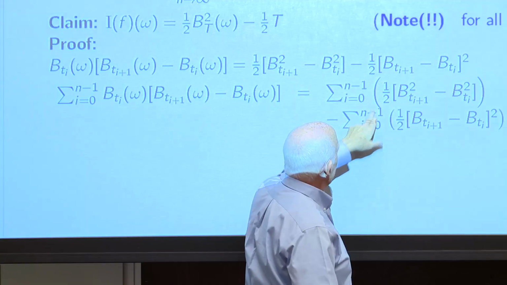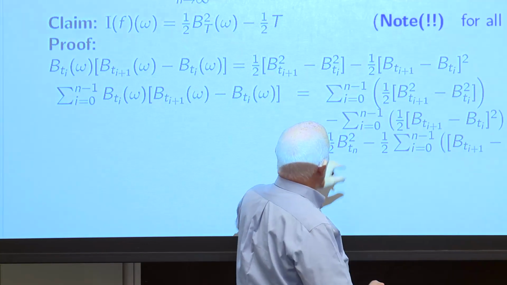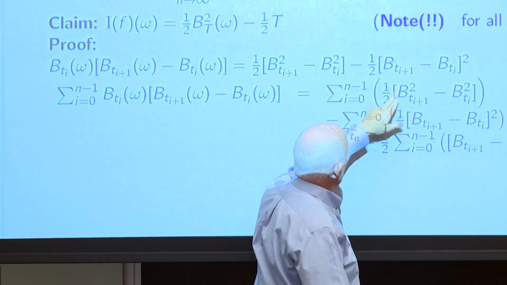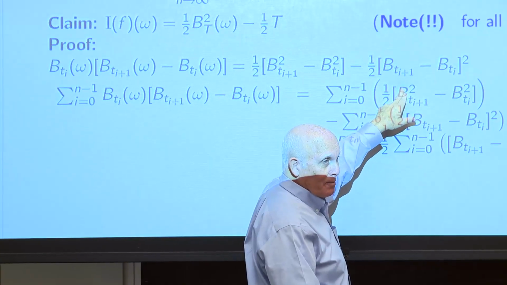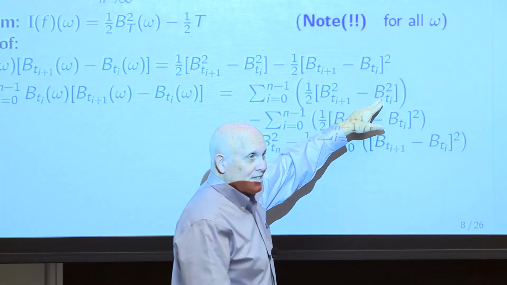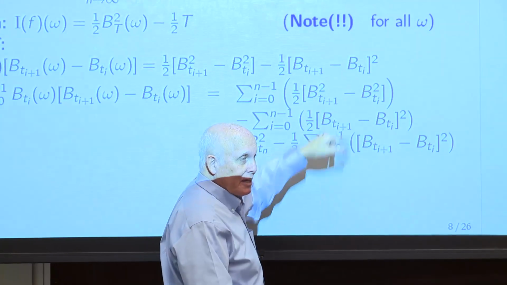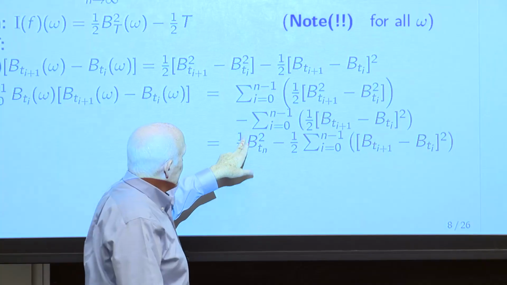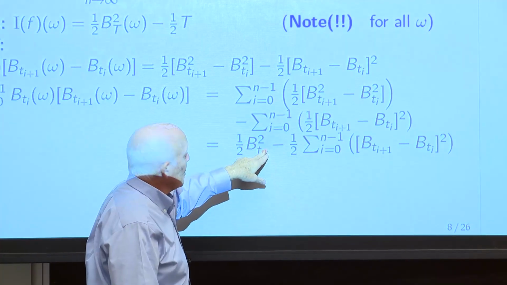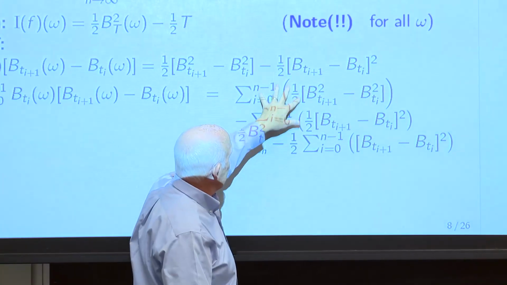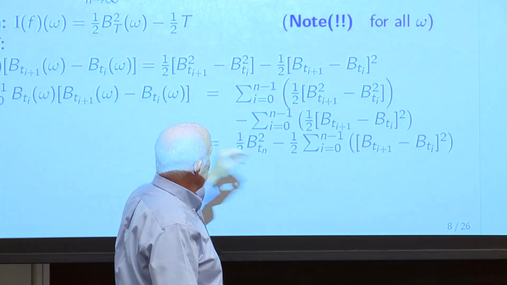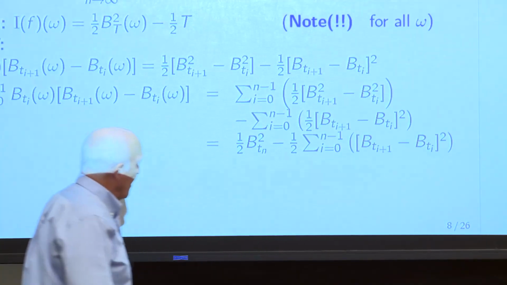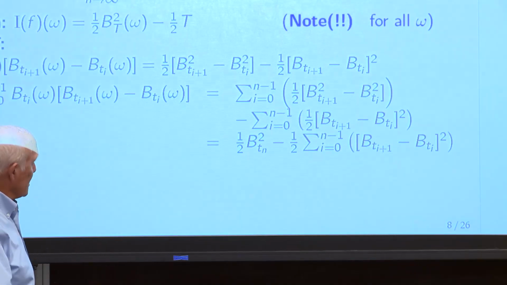And so we're left at the end with 1/2 the square of the last term minus the square of the very first term with i equals 0, which is 0. So this is a half bt squared minus b0 squared, which is 0. That's the first term. And then for the other, we have minus a half the sum of the squared increments.